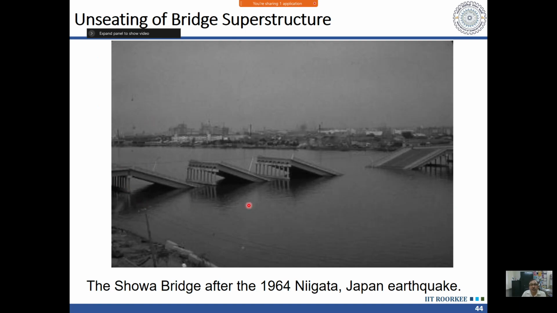The other issue which has been observed in the past is the unseating of the superstructure, because the superstructure or the top of the substructure moves more than what we have estimated. It can happen due to many reasons, and one possible reason is liquefaction.